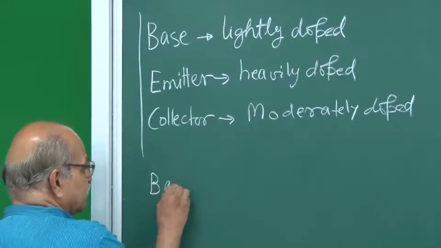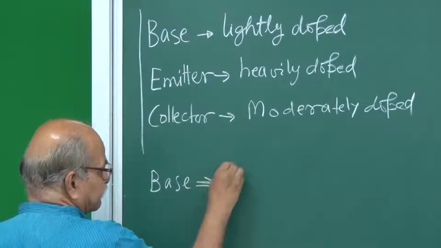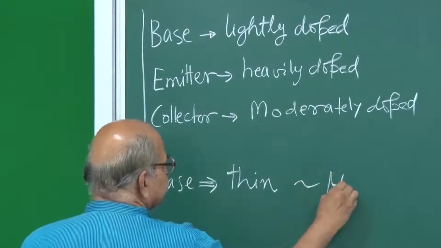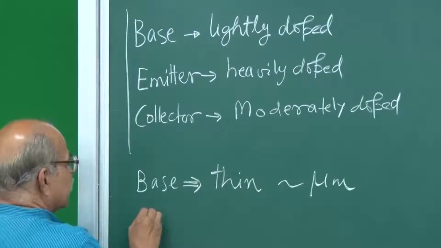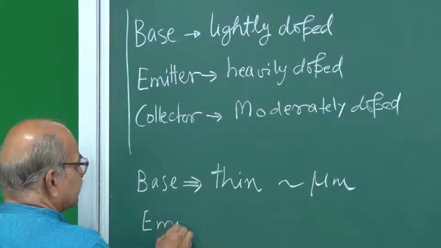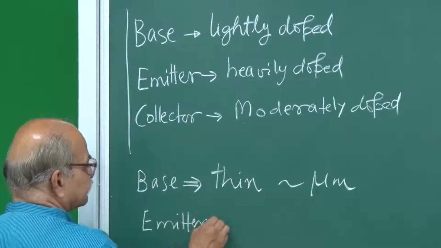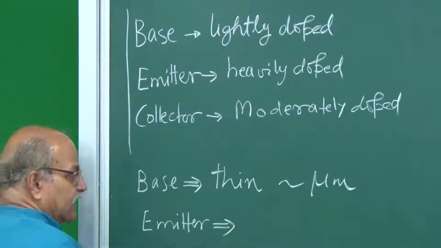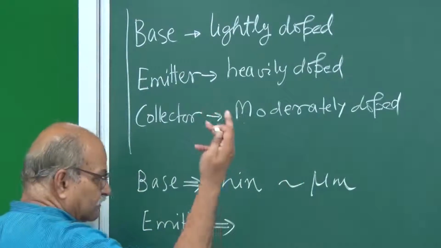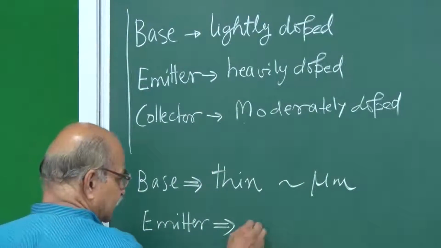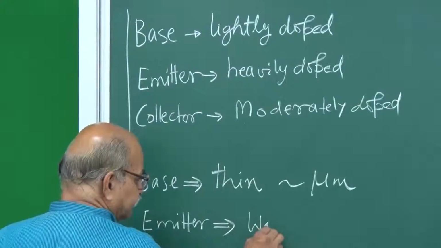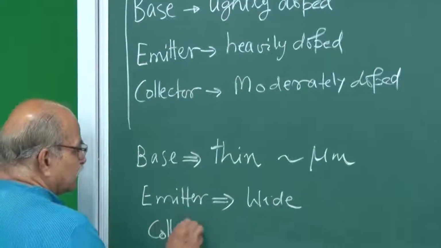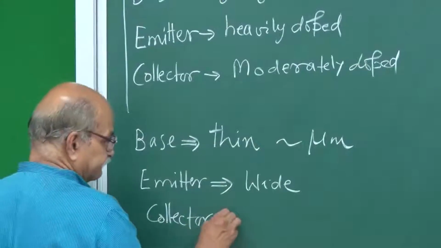Your base is very thin, of the order of a micrometer, whereas the emitter and collector are relatively much larger, maybe 100, 200, or 500 times this. The collector is also somewhat wider than the emitter.